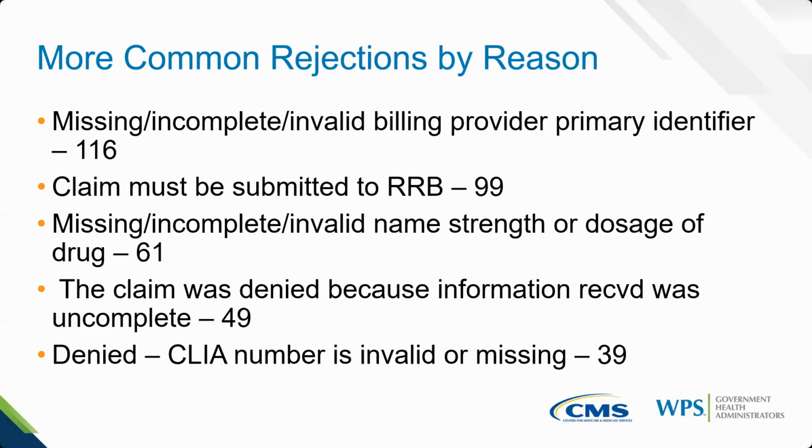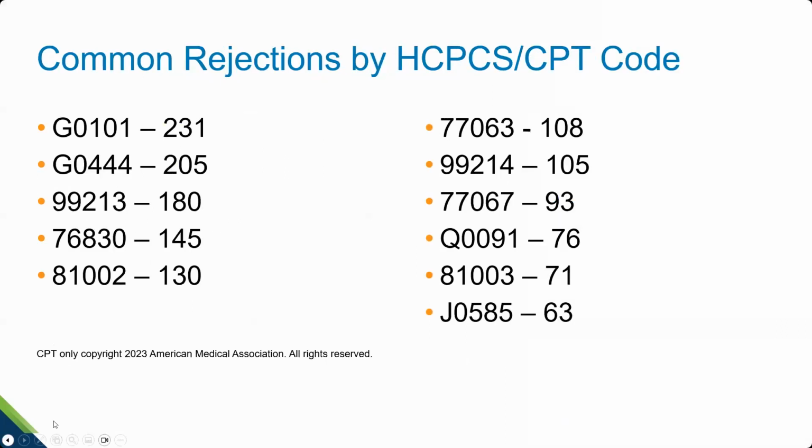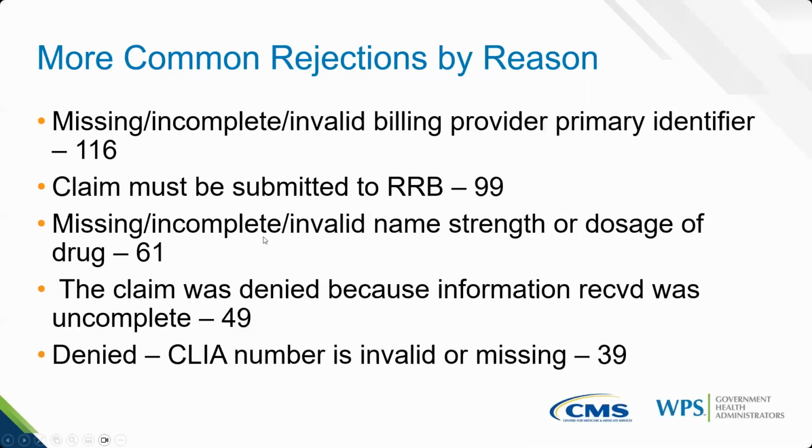Claims for beneficiaries who have Medicare that retired from the railroad must be submitted to the railroad contractor, and that is Palmetto. So if you submit to WPS, we're going to reject that claim. In this case, there were 99 rejections because the claim was submitted to us when it should have gone to Palmetto. Take a look at the next one: missing, incomplete, invalid name, strength, or dosage of drug.